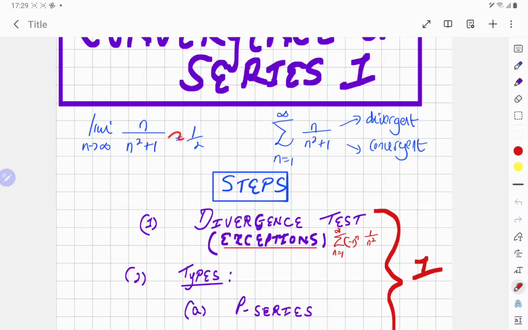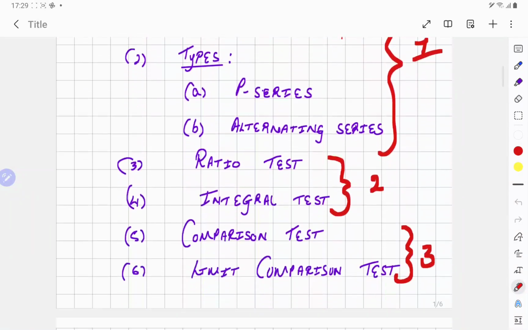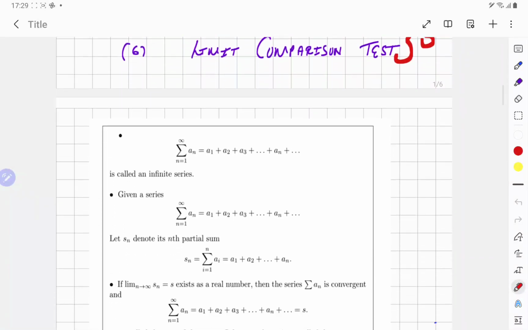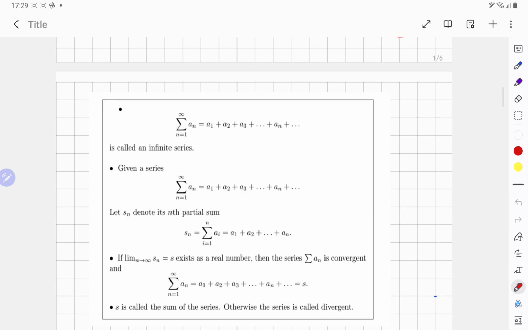So that was very important for sequences. But in this video and the 2 after these, we're going to check whether or not a series is divergent or convergent. So just to clarify what we will be working with.